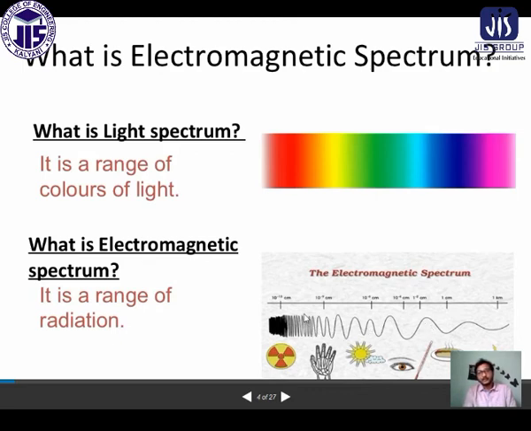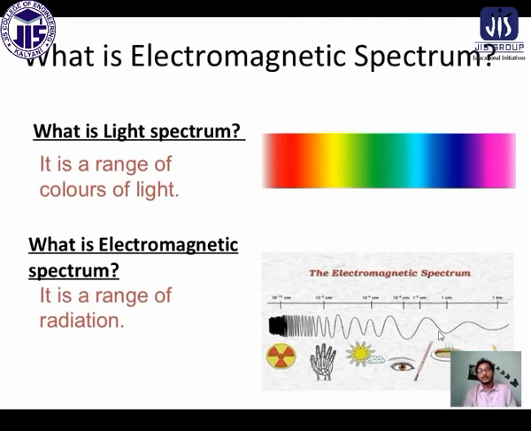And we can see the different wavelengths, that is 10 to the power minus 13 centimeter in order, 10 to the power minus 13, 10 to the power minus 9, 10 to the power minus 6, 10 to the power minus 4, and like that it goes on. But the main question is, what is the portion which we can visualize?